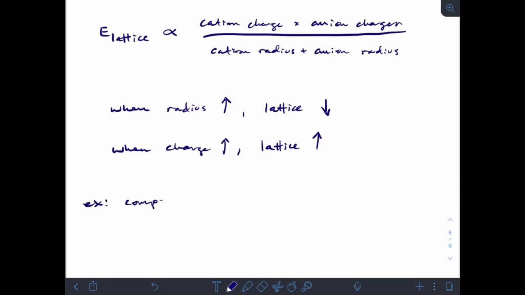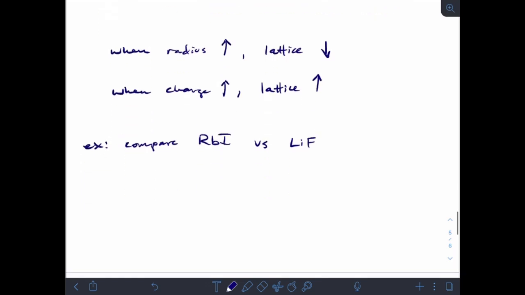Let's compare rubidium iodide and lithium fluoride. All of these components have charges of +1 or -1. There's no difference in charges between a rubidium and a lithium or an iodine and a fluorine. They all have +1 or -1. So the difference is size.